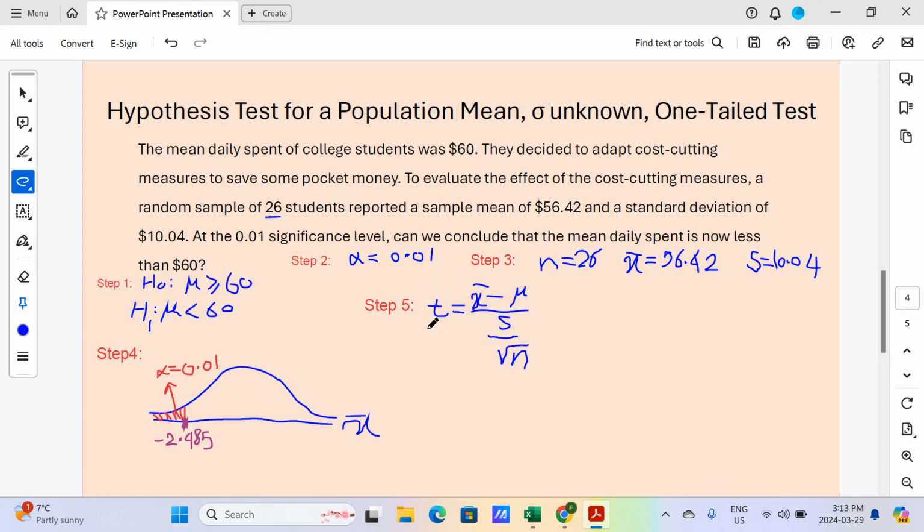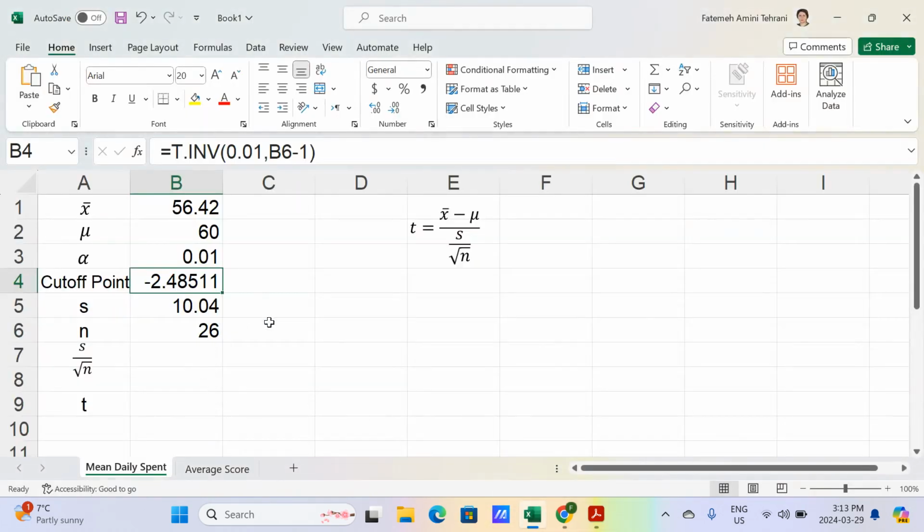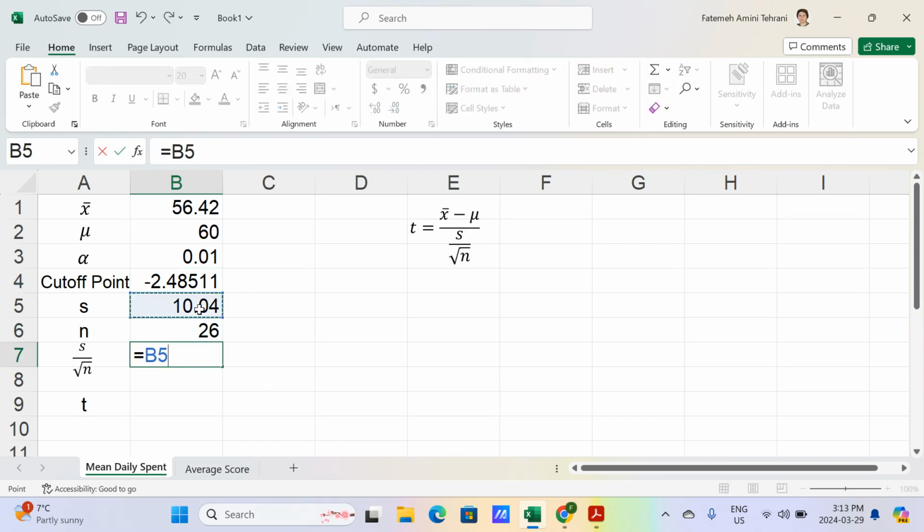Let's go to Excel to find the t-value of x bar. X bar is 56.42, mu is 60, S is 10.04, and n is 26. Look at here, I have all the information. Look at the formula: t-value of x bar is x bar minus mu over s divided by square root of n. First, let's find s over square root of n. S is 10.04 divided by square root of n.